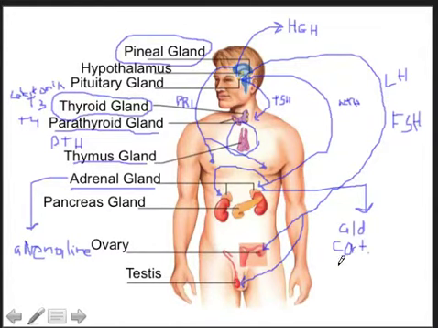And then the inner layer of the adrenal cortex produces androgens, okay? These are hormones that are very much like testosterone, and so their effects are to increase muscle mass, increase bone density, increase hematocrit, and reduce your fat content.